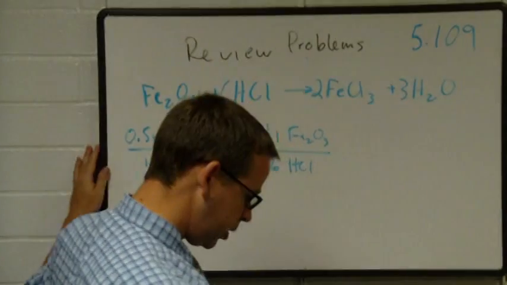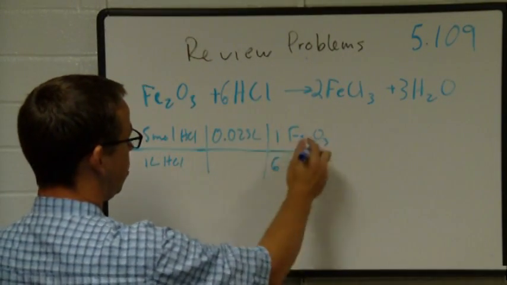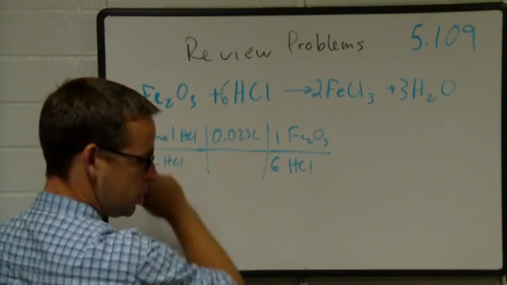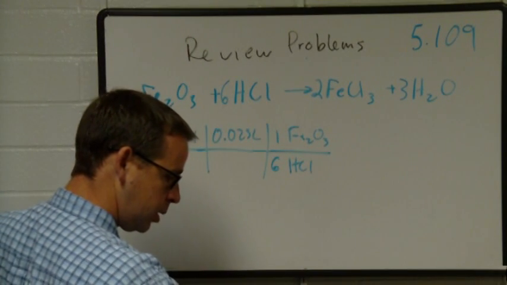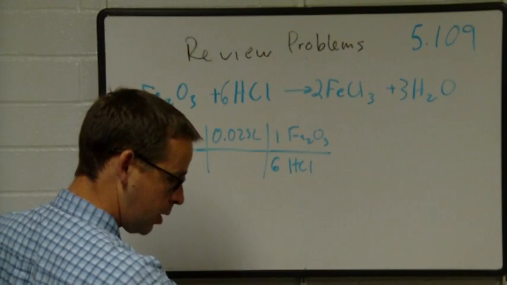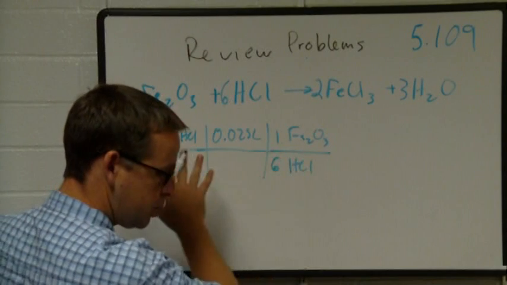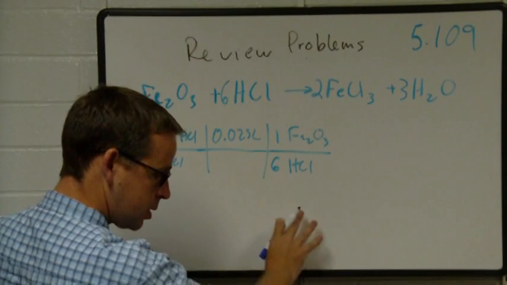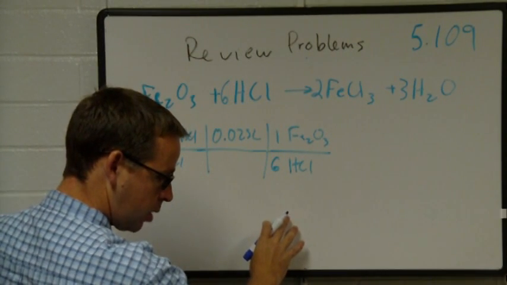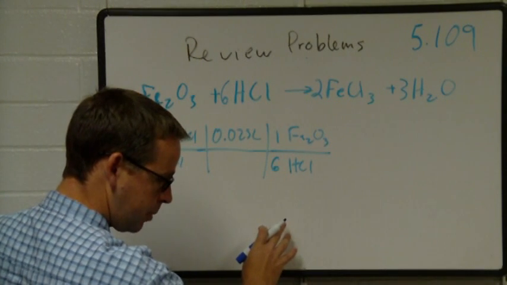Well, we can also look simultaneously here. So this will tell us how many moles of Fe2O3 we can consume. But we haven't solved yet how many moles of iron oxide we have, right? There's a couple ways to do this, but I want to solve this separately here. So we have our grams of iron oxide, and we're going to convert that to moles of iron oxide, right?